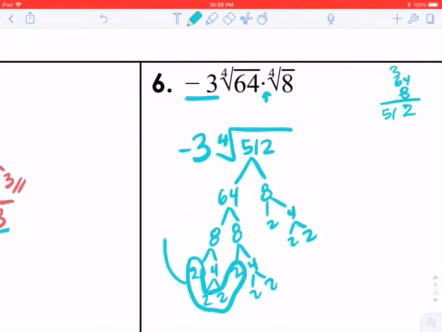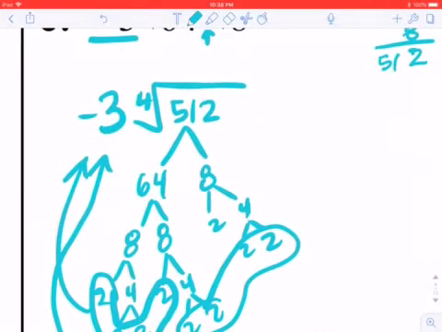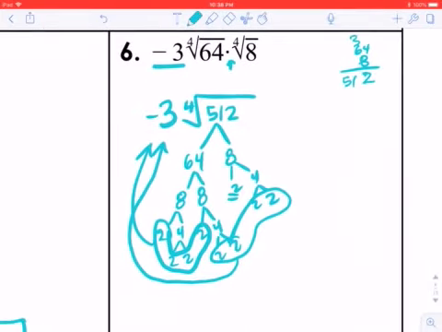That counts as one group of 4. It's going out here. This is another group of 4. It's going out here. And then I want to be very careful not to lose this guy, because that too has to stay inside, so I'm going to make a note of that as well.